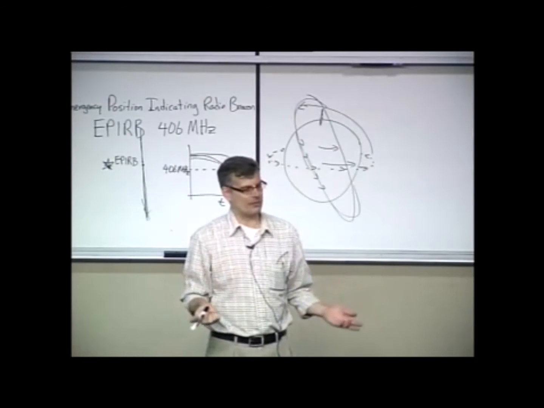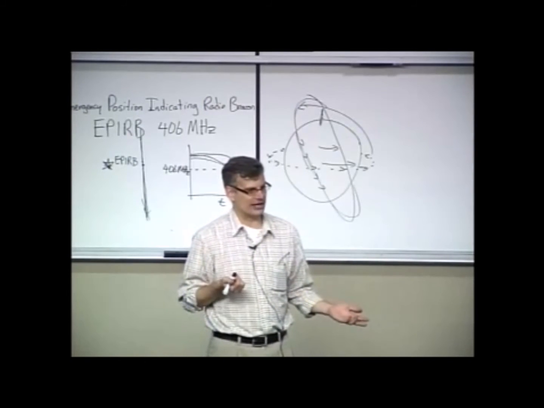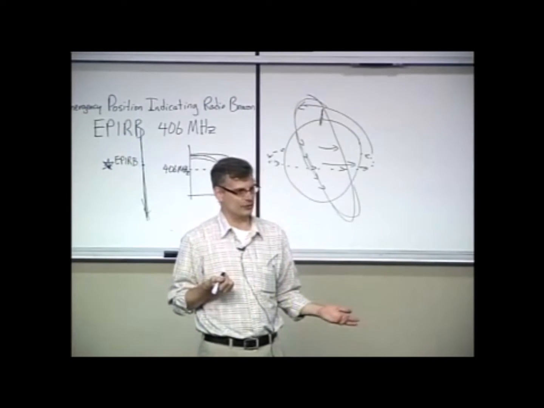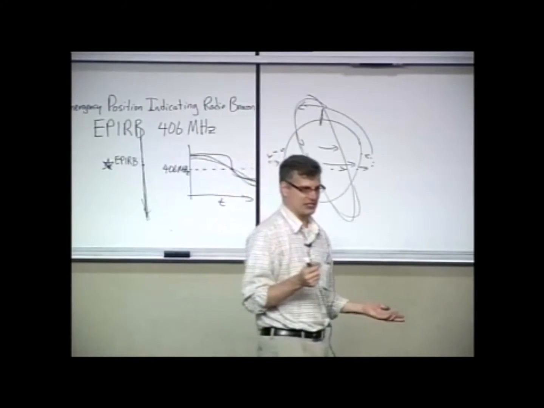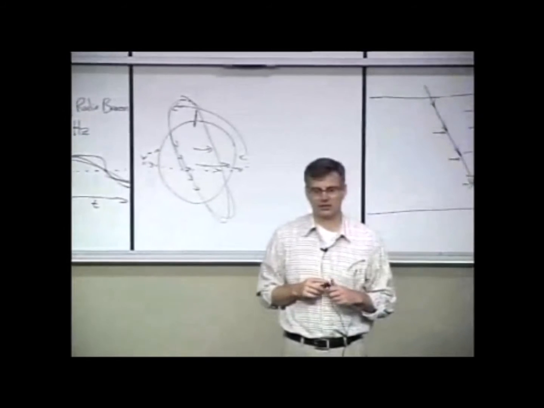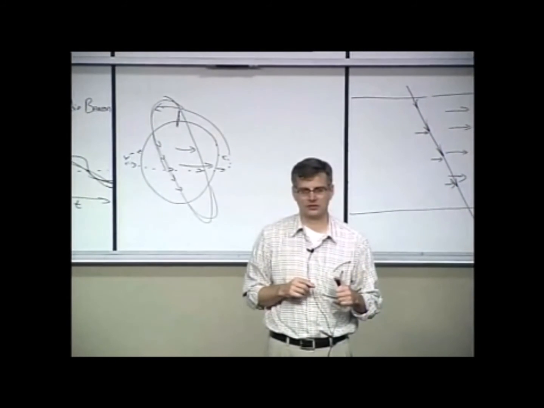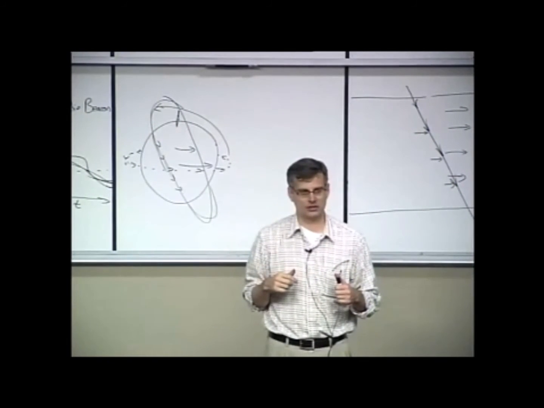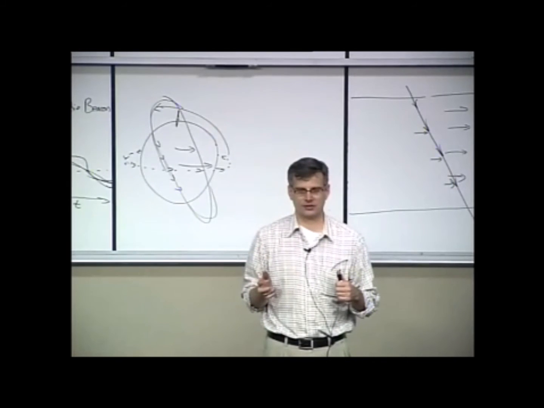Now, of course, what might be one of the natural problems with triangulating longitude and latitude in this particular fashion using Doppler shifts? There's an ambiguity here that should jump out at you if you're on the poles.